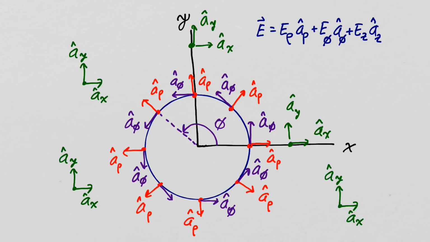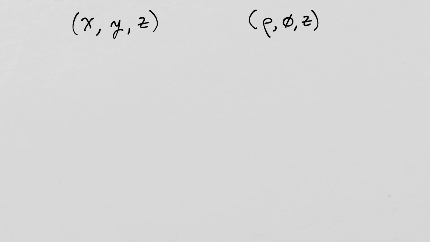We can represent a point in space either with its Cartesian coordinates or its cylindrical coordinates. Let's look at how you would transform from one coordinate system to the other for representing a point in space. So here we have a point located at x, y, z.